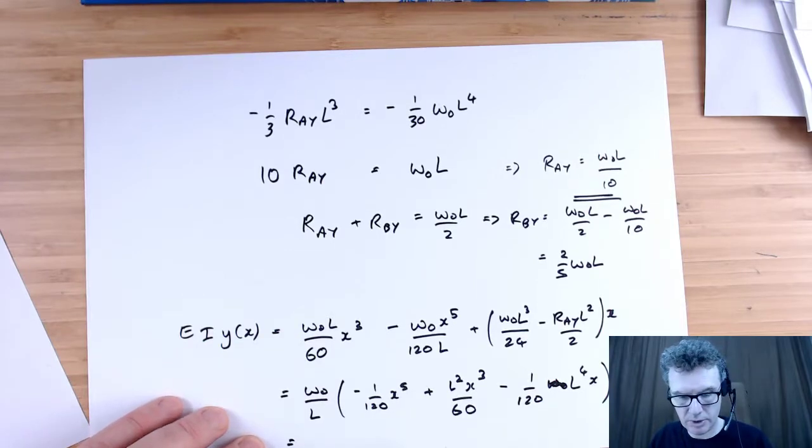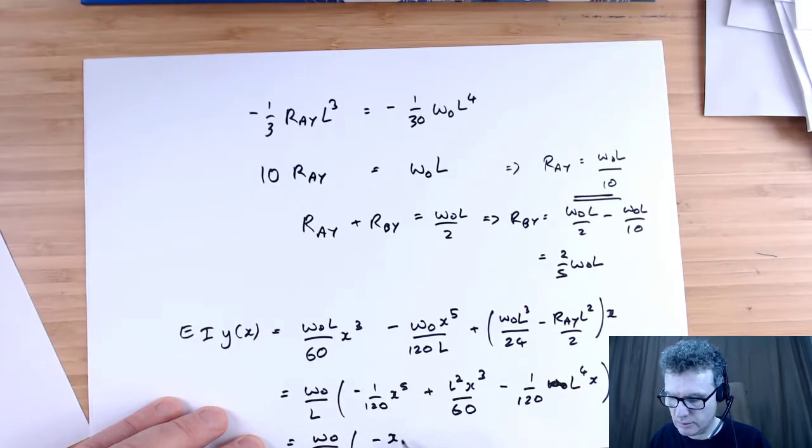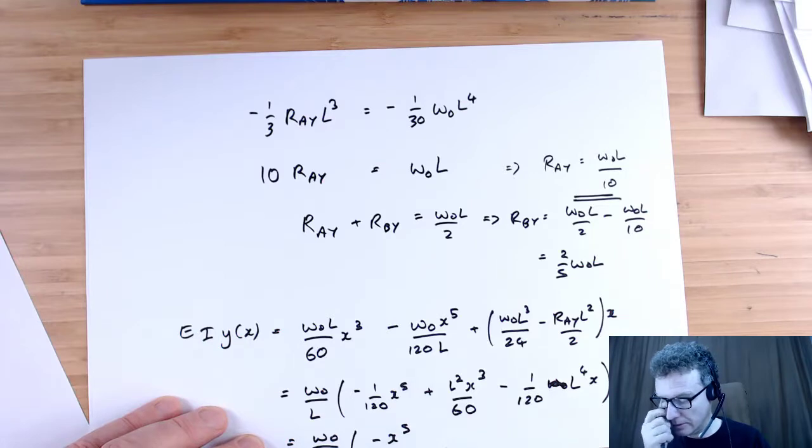So we could maybe take that out. W0 over 120 L. So we have a leading term of minus x to the power 5. So that means if I've taken out 120 here, I've got two of them.